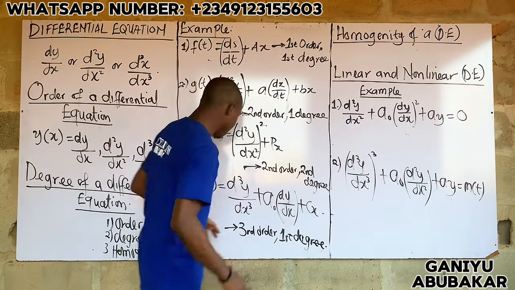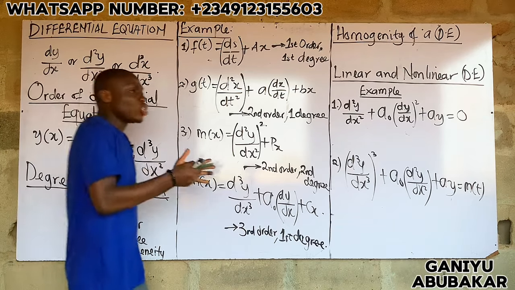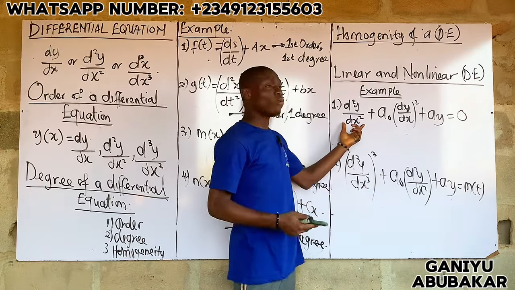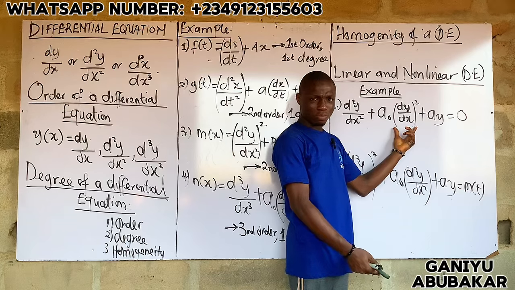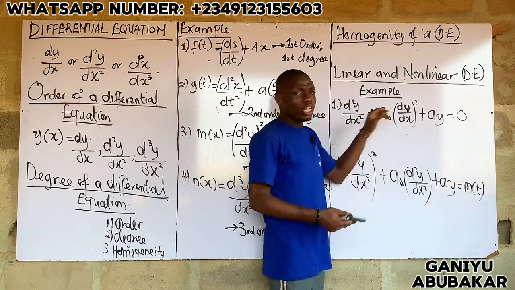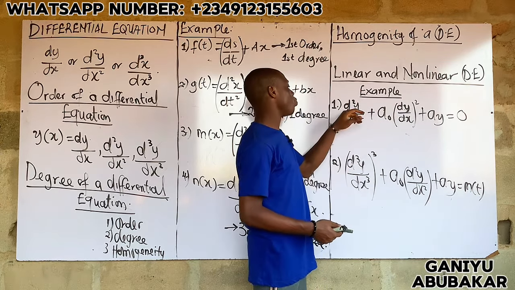Let's name this one here. We said start with order. The order is given by the differential coefficient that has the highest power. This one here is a differential equation. This one here too is a differential equation, right? Now, this is the squared y. This is the y. In between the squared y and the y, which one has the highest order? The squared y.